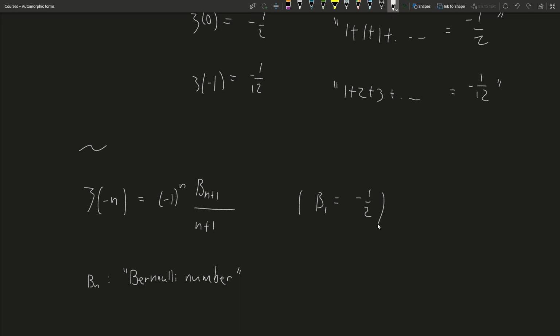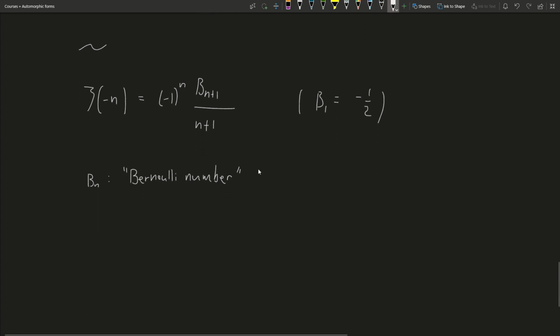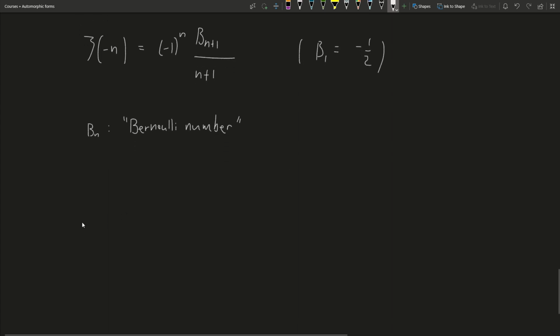There are two conventions for the Bernoulli numbers, and the only difference between the two conventions is whether this is 1/2 or minus 1/2. As we said up here, we're taking the convention that it's minus 1/2. So what are the Bernoulli numbers? Well, the way I would introduce them is through what's called Faulhaber's formula. I'm not totally sure how to pronounce this.